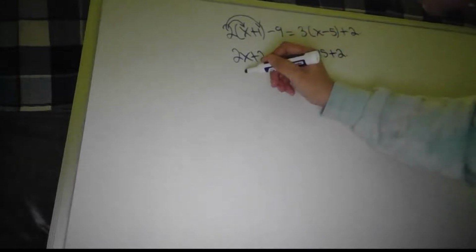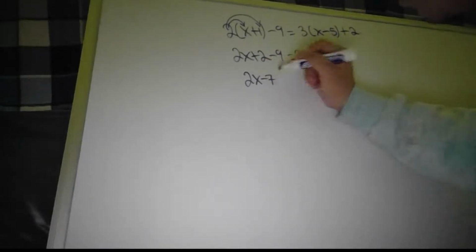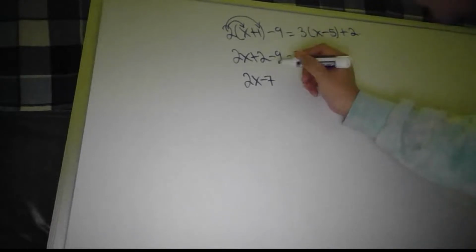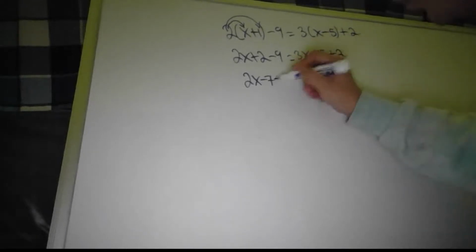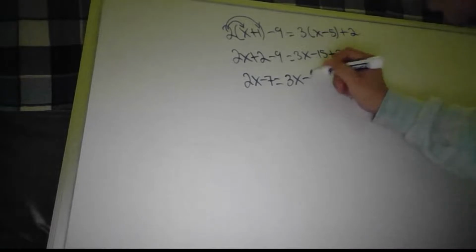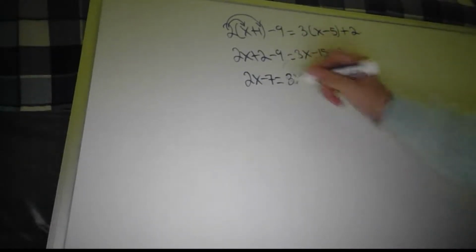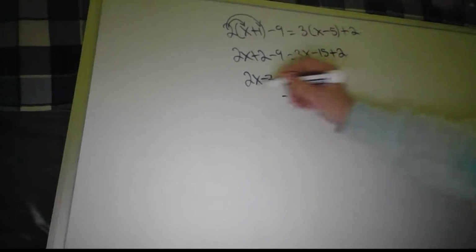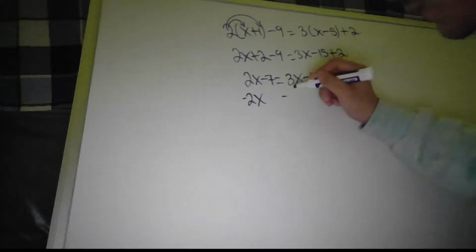This is 2x minus 7, right? Equals 3x minus 13, right? So then we have minus 2x on both sides.